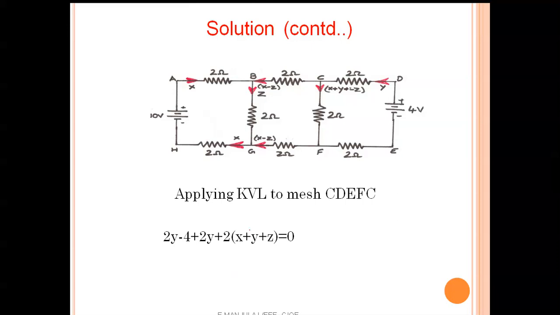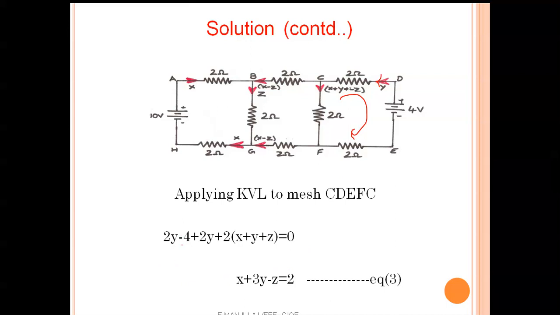So applying KVL to mesh C, D, E, F, C. So here minus 2y minus 4, sorry, because the direction of this and this both are in opposite direction, so plus 2y minus 4, then minus 2 into y, then plus 2 into x plus y plus z.